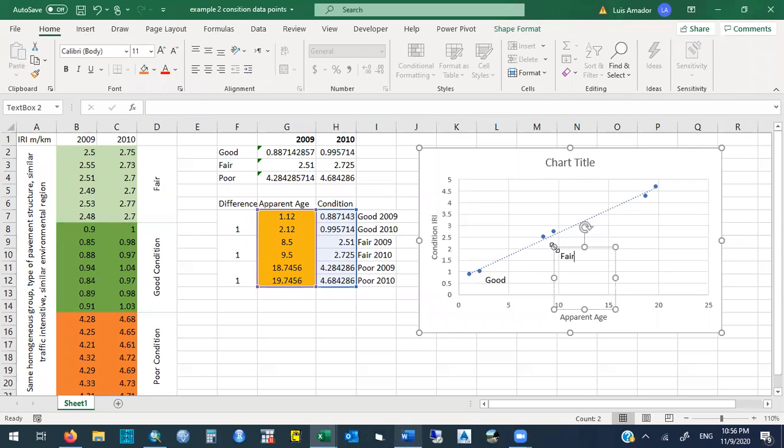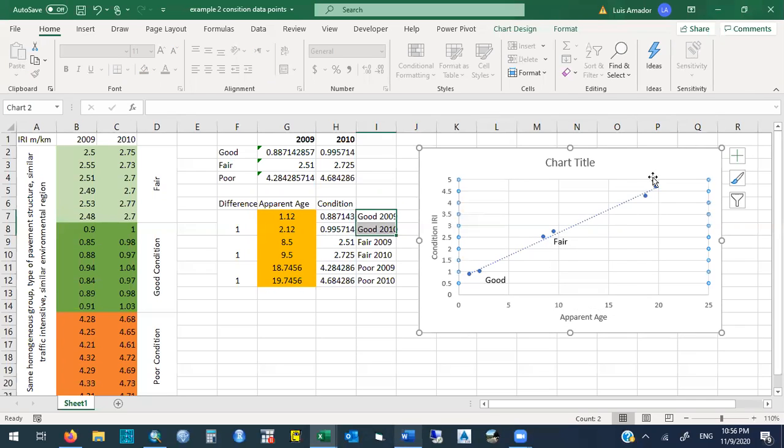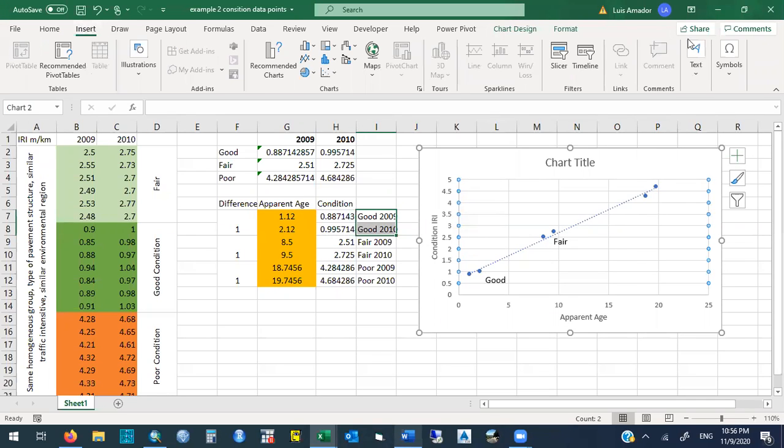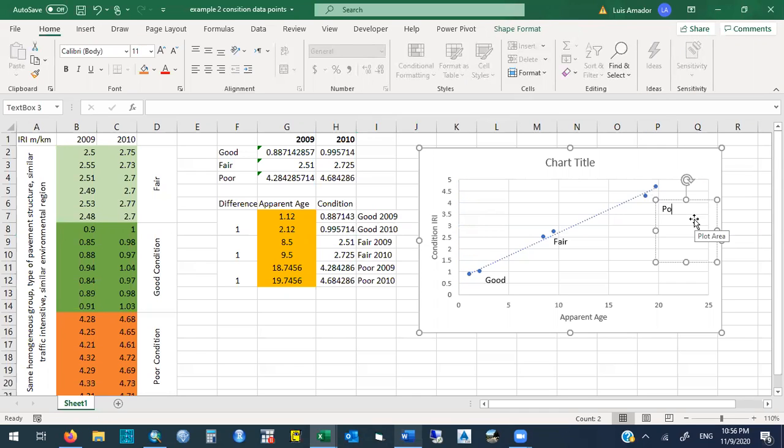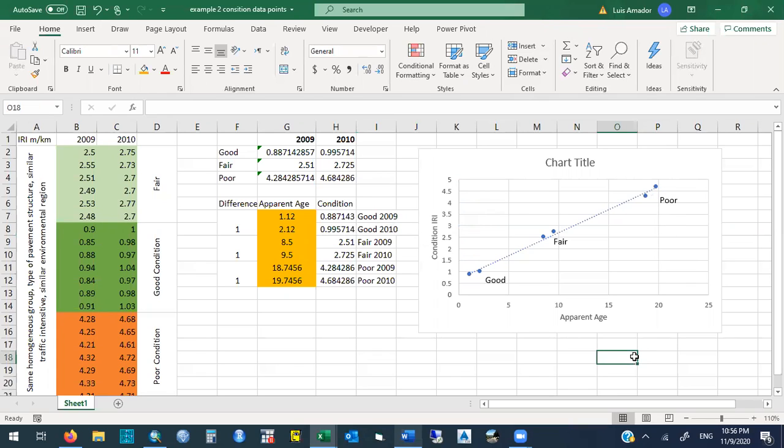This one over here is fair. And this one over here is poor. If you have more groups, you can define more groups.